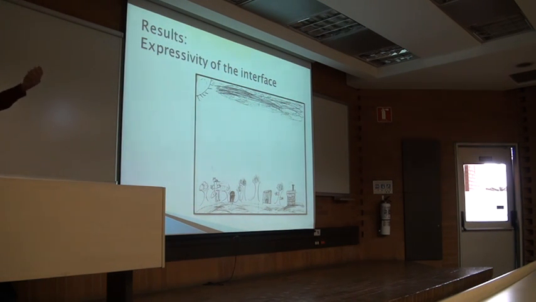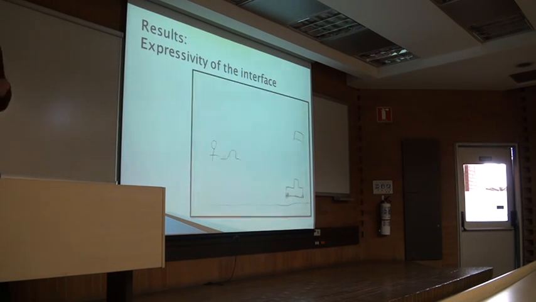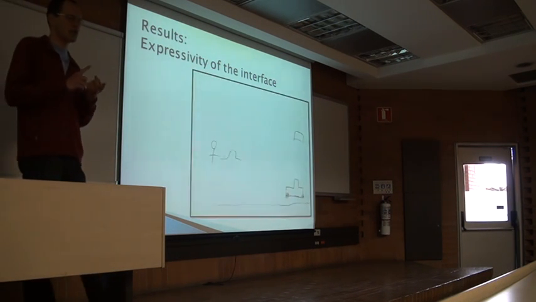Then we wanted to restrict the symbols the children could use, and we gave them a truck, a house, a ninja, and a human. There were 4 symbols.